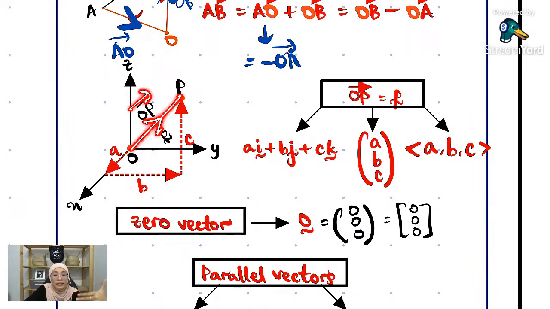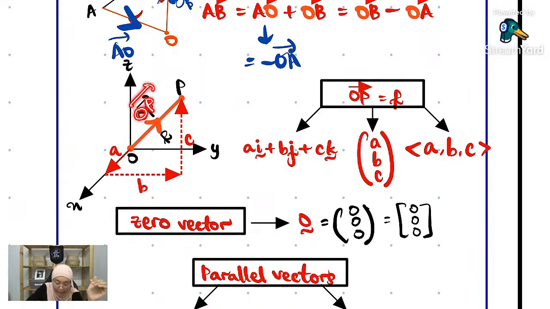Itulah terhasilnya the vector of OP ataupun P vector is actually from this, daripada A darabkan dengan direction of I, and then tambahkan dengan B dengan direction of J, and then tambahkan C dengan direction of K. Sebab tu dah terhasilnya formula ini.